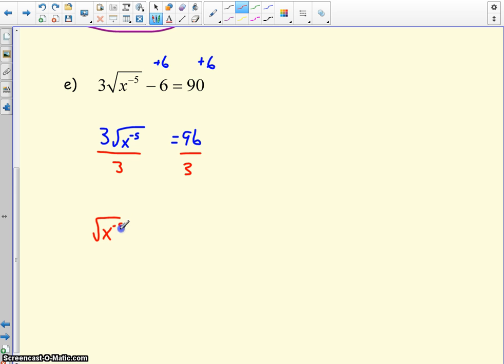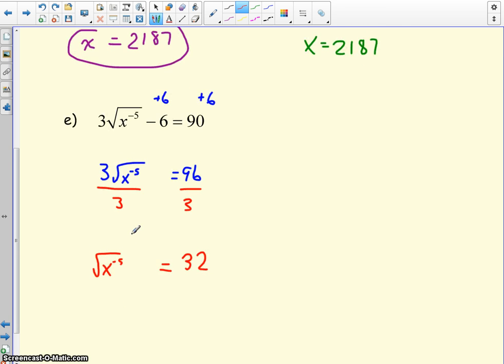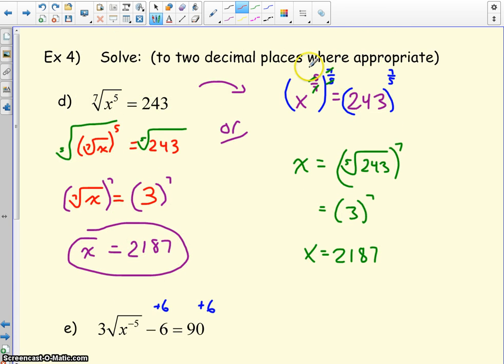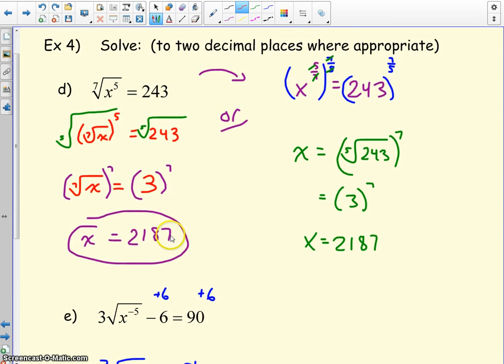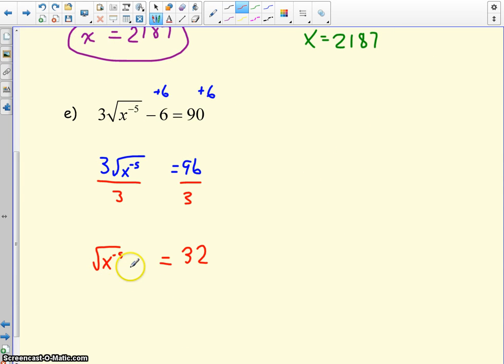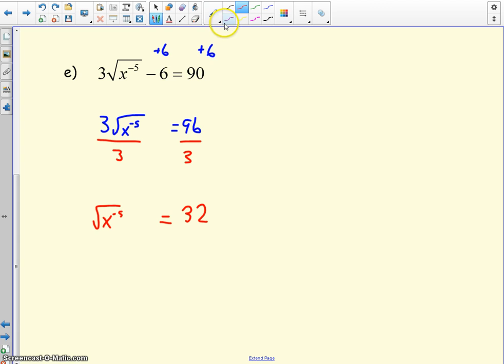So I have the square root of x to the negative 5 still, and 96 over 3 gives me 32. Okay, so I'm going to try and use the shortcut that I did over here, which is to put this into rational exponent form and try to simplify x all in one step. So I'm going to rewrite this as x to the exponent of negative 5 over 2.